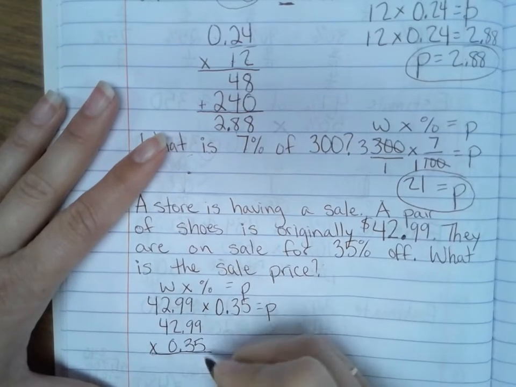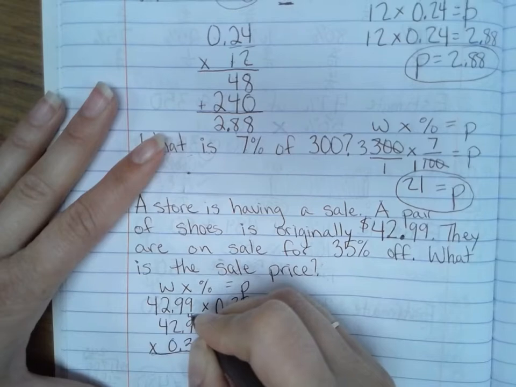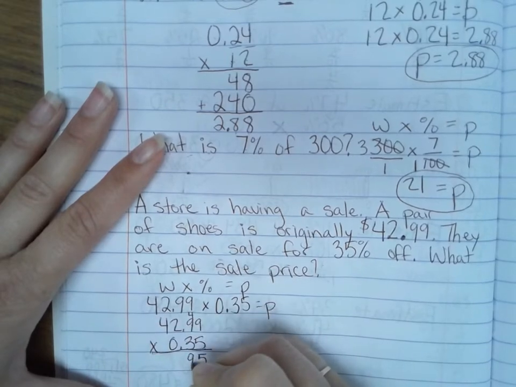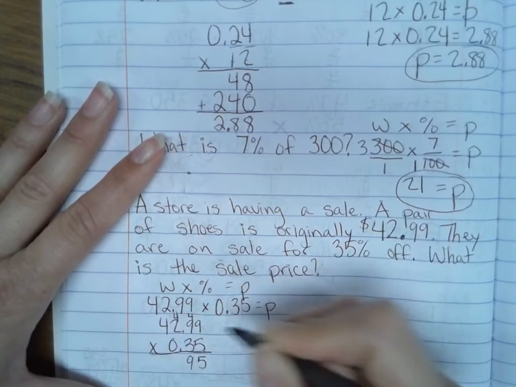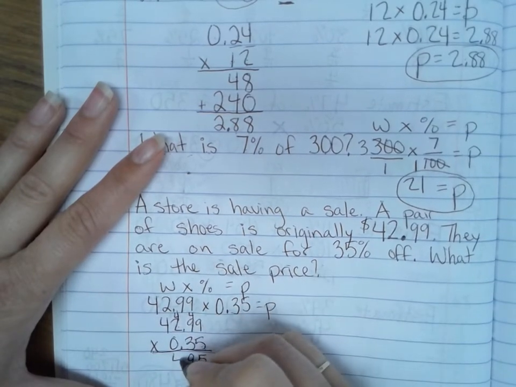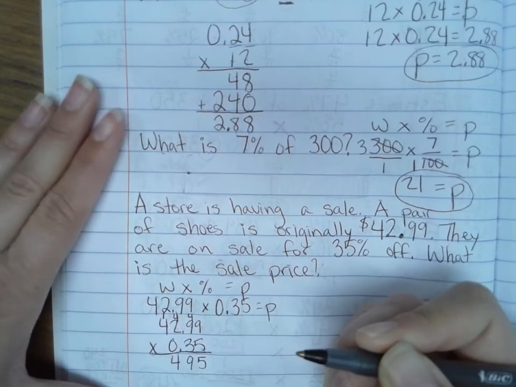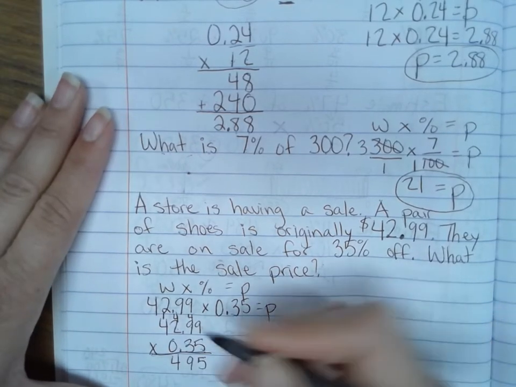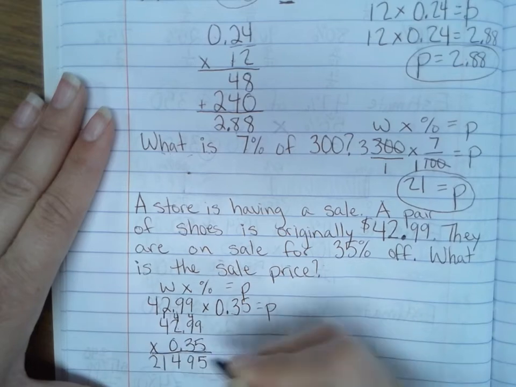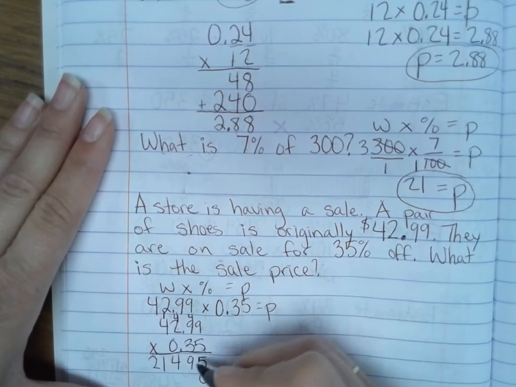5 times 9 is 45. Regroup 4. 5 times 9 is 45, plus 4 would be 9. Regroup 4. 5 times 2 is 10, plus 4 is 14. Regroup 1. 5 times 4 is 20, plus 1 would be 21. 0 placeholder. 3 times 9 is 27.